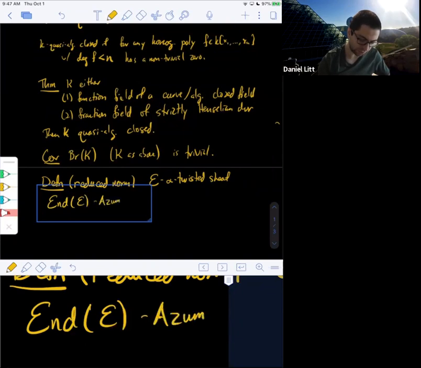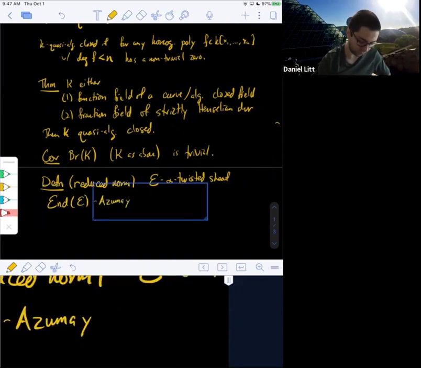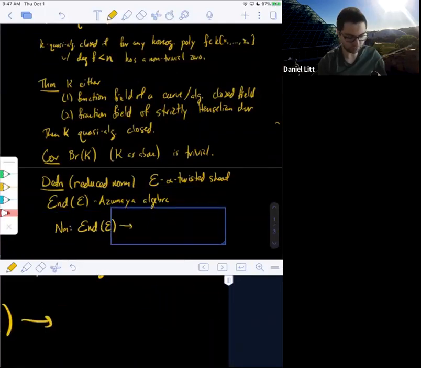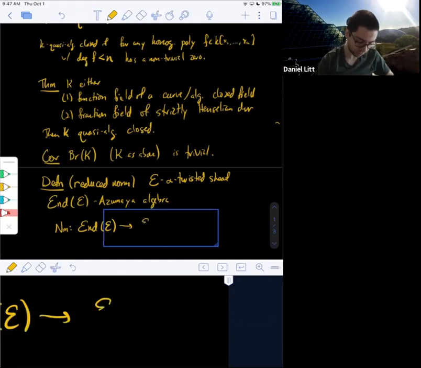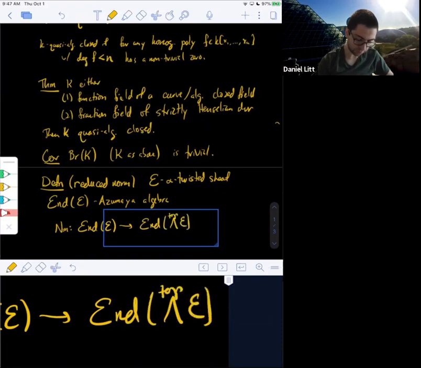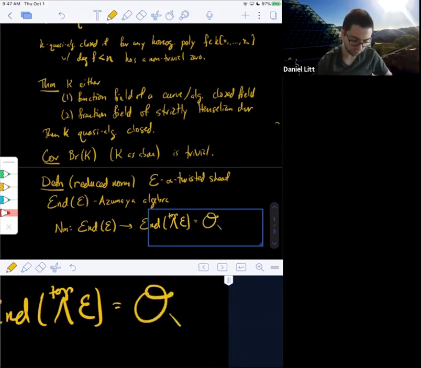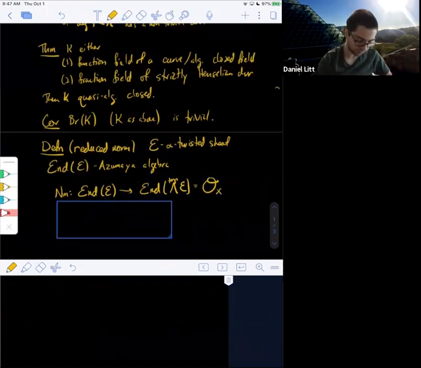That's just the endomorphism sheaf of E. Then the reduced norm, which I'll just call norm, is a multiplicative map from End(E) to End of the top exterior power of E. Well, what is this? This is a line bundle. An End of a line bundle is O. It's just given by functoriality.